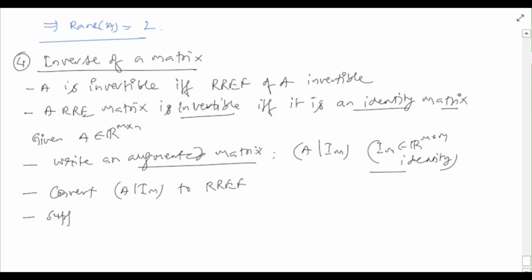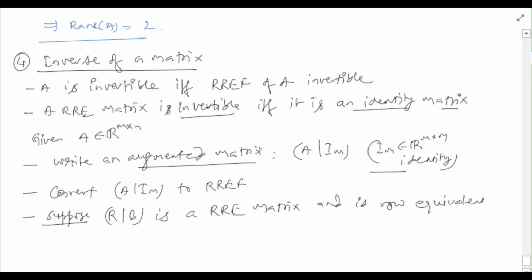Suppose R B is a reduced row echelon matrix and is row equivalent to A I_M.